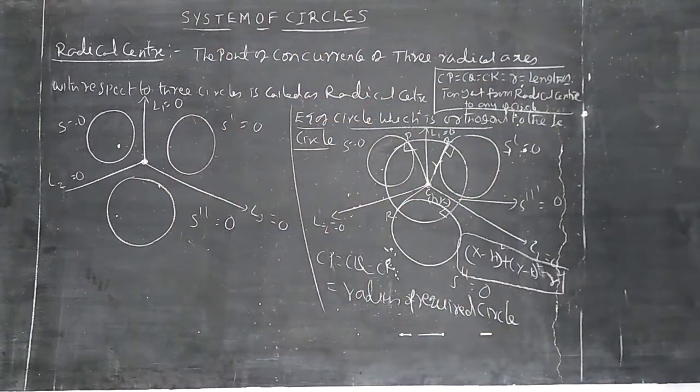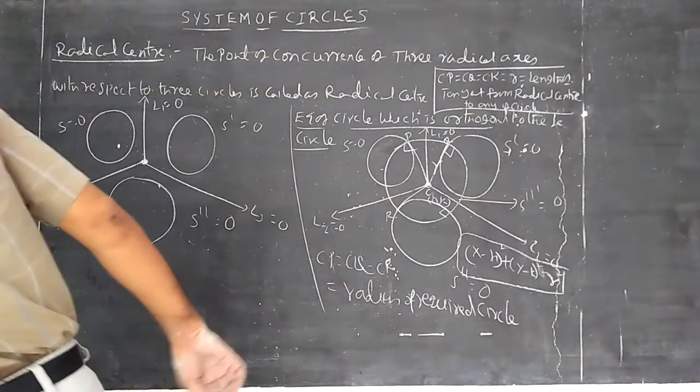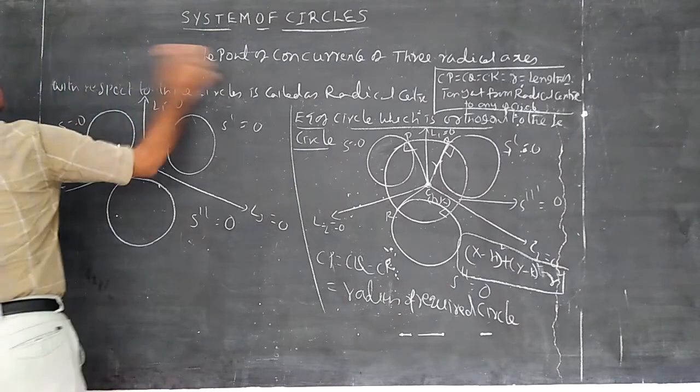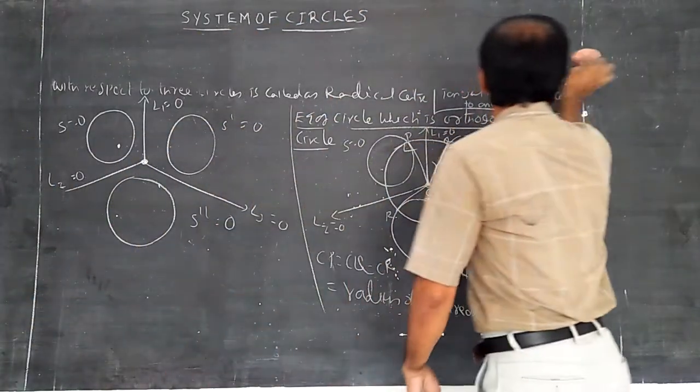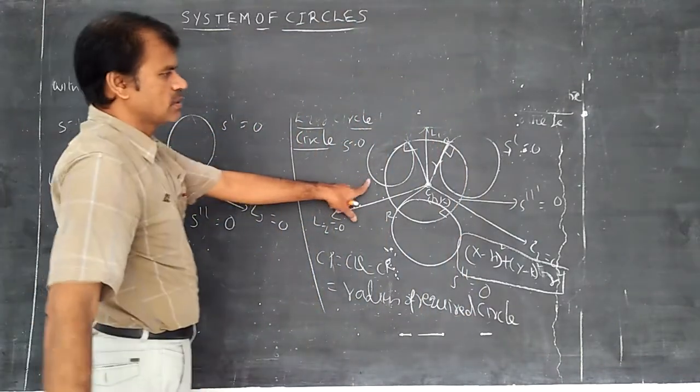Now let us discuss the sums. Exercise 2a is finished; we have discussed the theory. Let us take example 2, page number 90. Students, I left the exercise 2a sums that depend upon these model sums.